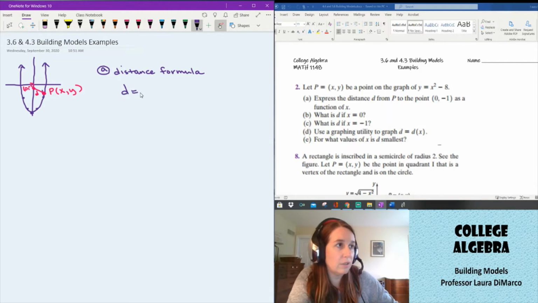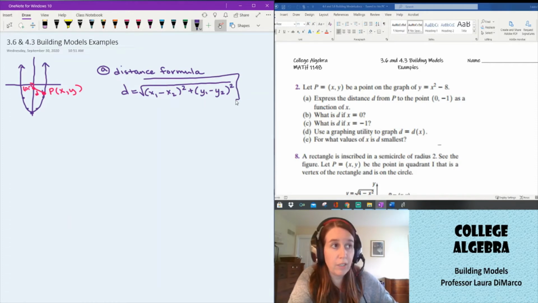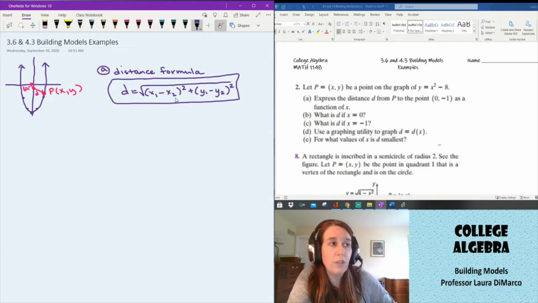D equals the square root of x1 minus x2 squared plus y1 minus y2 squared. Okay, so all that is saying is there's a point, x1, y1, there's another point, x2, y2, and we can find the distance between them using this formula.